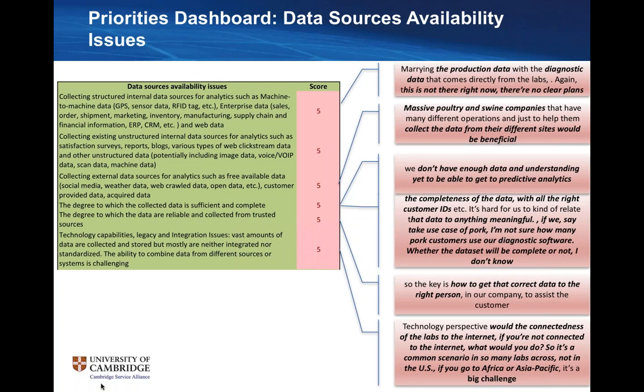You can see, for example, this is one of the issues, just for the administration, how the scores are going. For example, they have a lot of problems in data source availability, and you can see a list of textual information from the different stakeholders involved in that project to explain why they gave these scores.